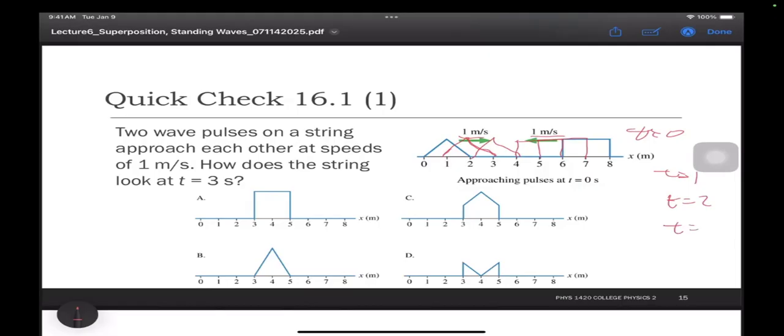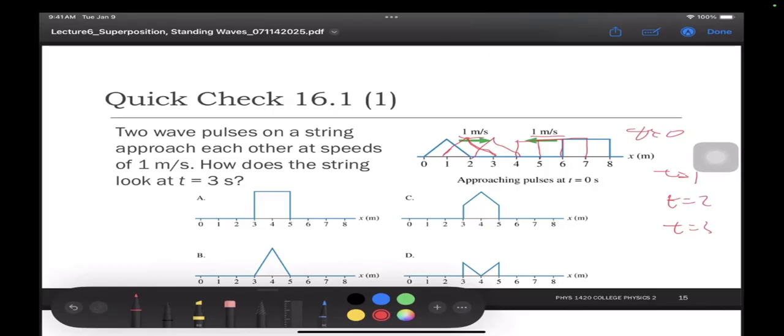And t equals 3. Wait, maybe, sorry, let me try. Okay, t equals 2. Let me use blue. Okay, here, t equals 4. Let me use green. You can see it will continue like this. Am I right?